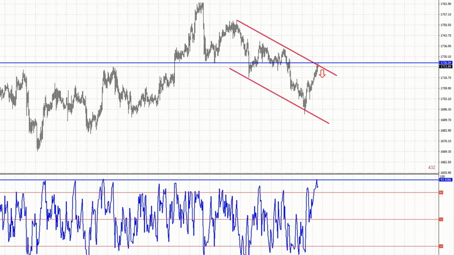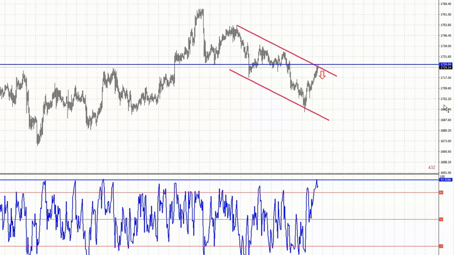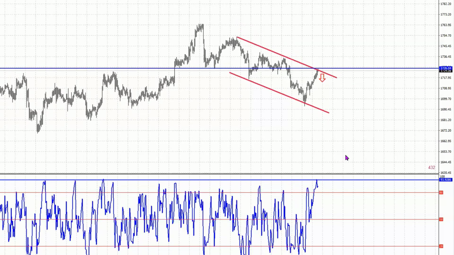There's support. There's resistance. There's resistance. There's support. There's support. There's resistance, there's support there, definitely, and there's resistance there. So maybe that is a good area of resistance. So let's see what else we can say, how we can justify a short.